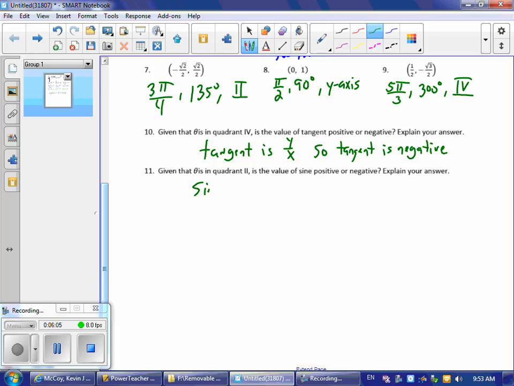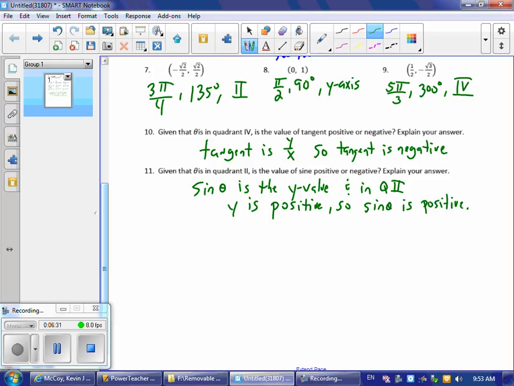So sine is the y value, and in quadrant 2, y is positive. So sine is positive. All right, and there's an explanation on the homework for you guys.